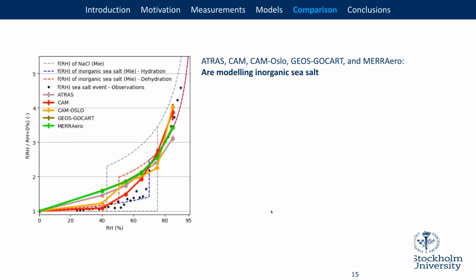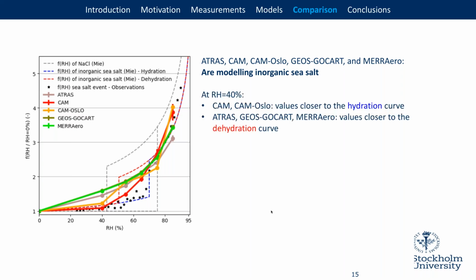And in comparison, our other 5 models are modeling inorganic sea salt. So at 40%, we can see some models which are closer to the hydration curve, and some models closer to the dehydration curve.